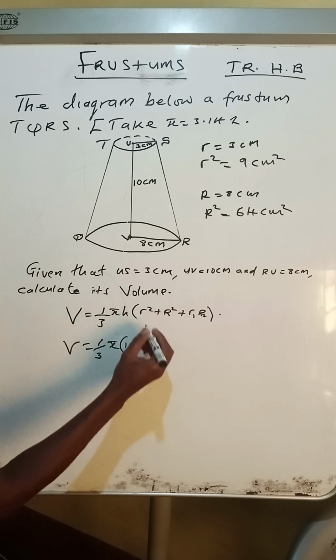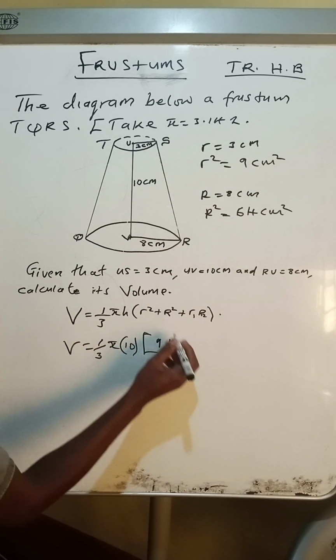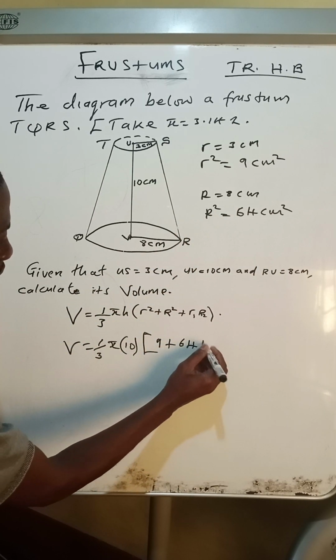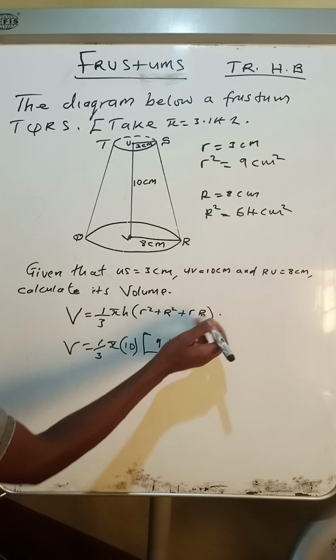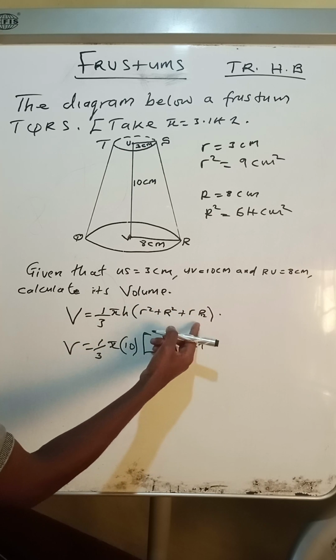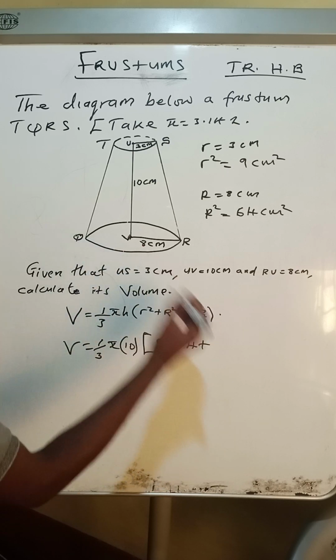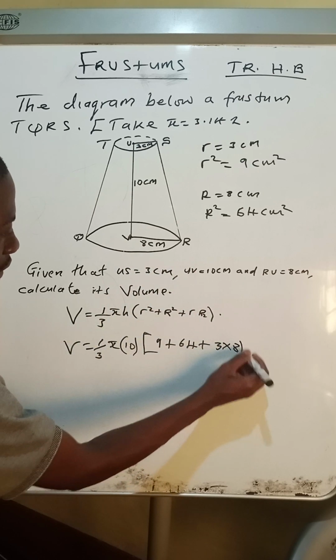Then we open the bracket: r squared, which is 9, plus big R squared, which is 64, plus r times R. This means multiplication, small r multiplied by big R, so we are multiplying 3 by 8.